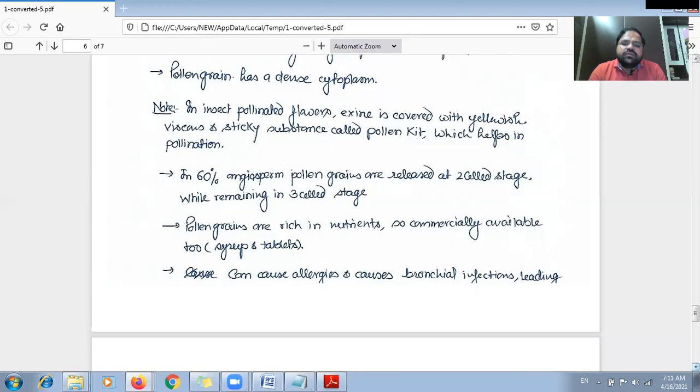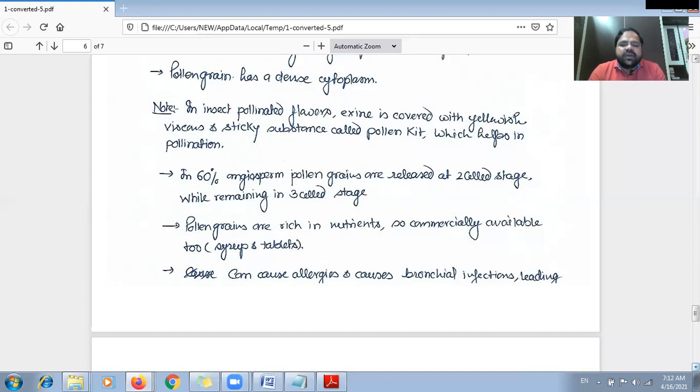How is the three-cell stage formed? The generative nucleus goes through mitotic division and forms two generative nuclei. Now it forms the three-cell pollen grain, but this occurs in 40% of angiosperms. In the majority of angiosperms, the pollen grain structure will be as we have seen.